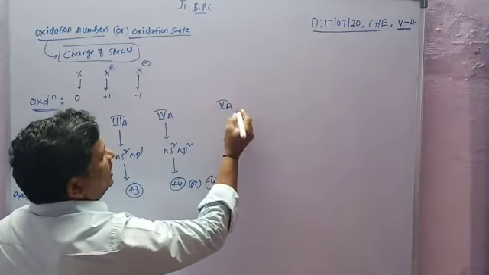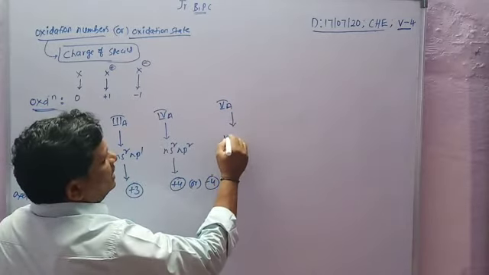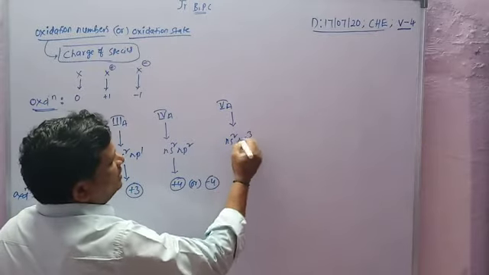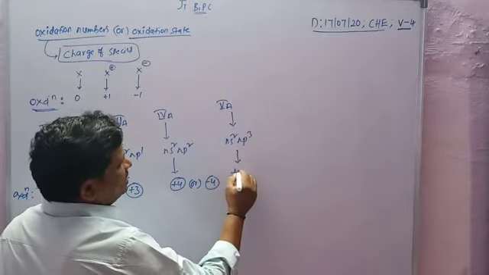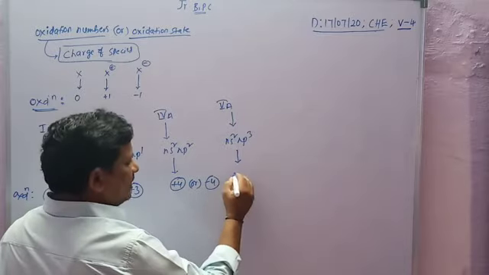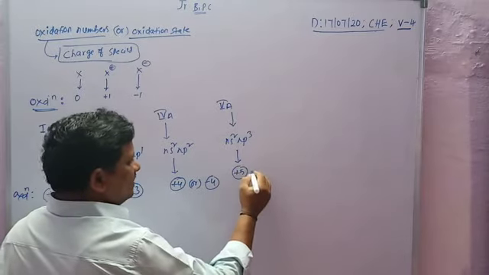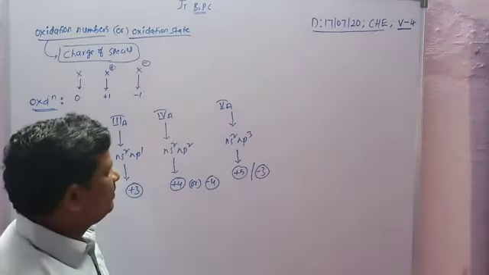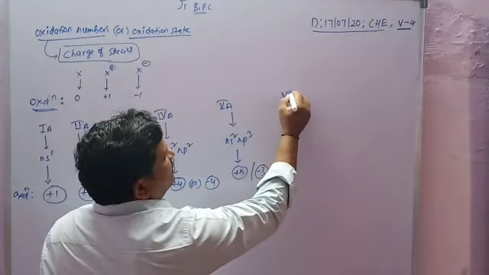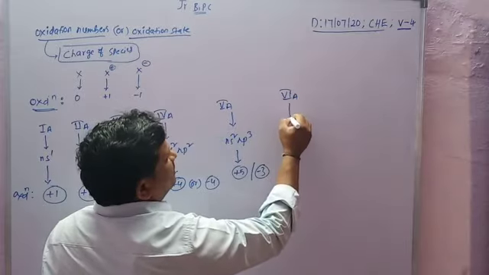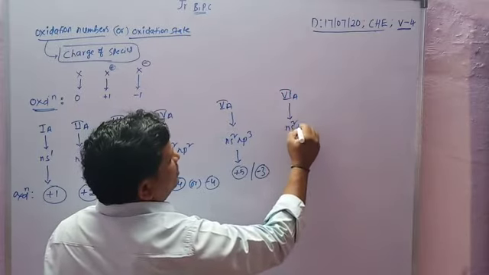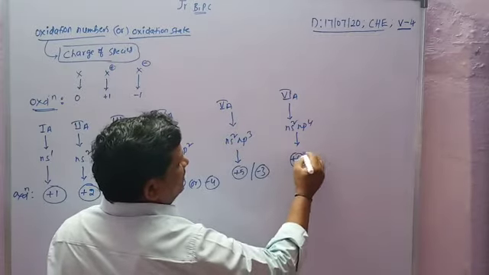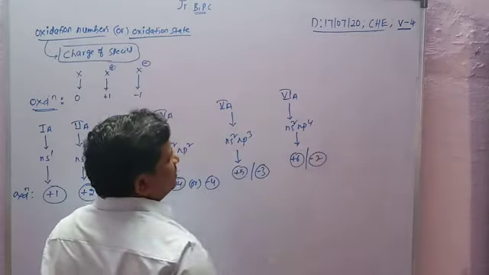Fifth A group elements, ns2 np3, oxidation numbers +5 or -3. Sixth A group elements, ns2 np4, oxidation number +6 or -2.